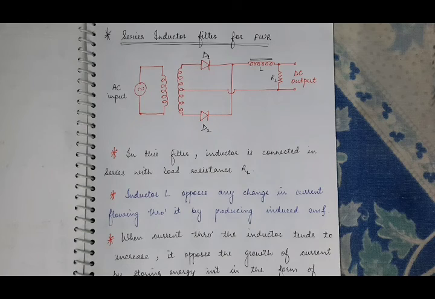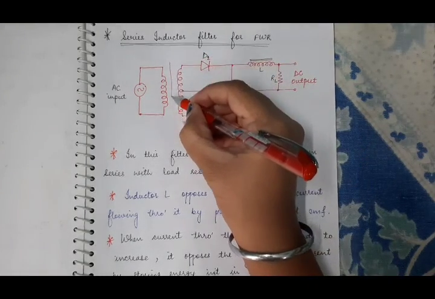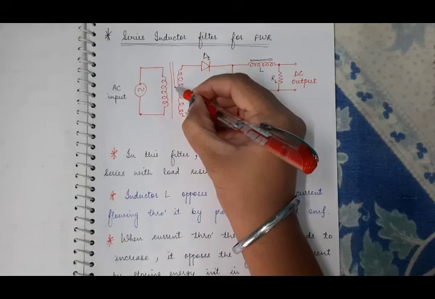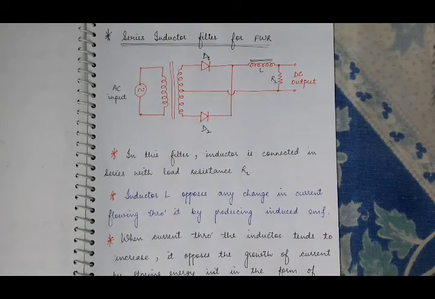This is the series inductor filter for a full wave rectifier. Here you can clearly see that the AC input is supplied to the primary coil of the transformer, and by mutual induction we get the desired output, known as the rectifier output.